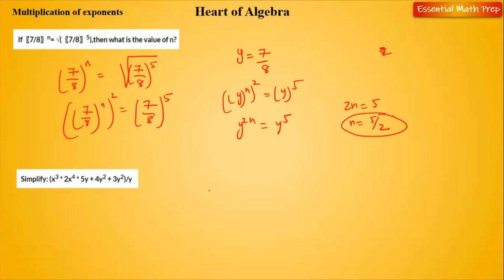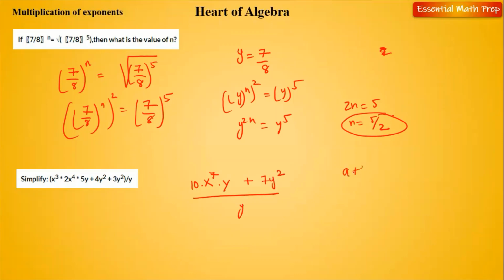Now, the bottom problem is very simple. All you have to do is get these two terms together and these two terms together and just divide by y. So we have x cubed, that will be x power 7 net, 10 times x power 7 times y, plus this would be 7y squared total, and divide by y.